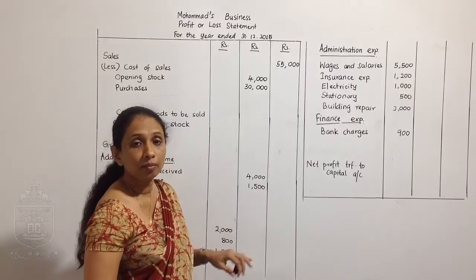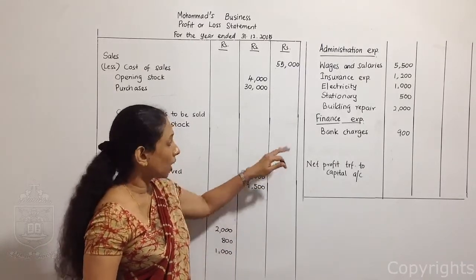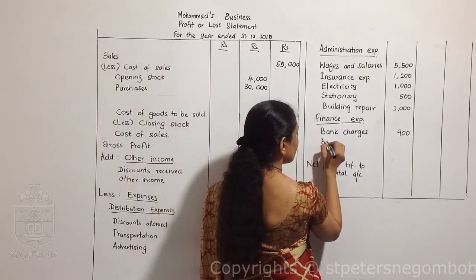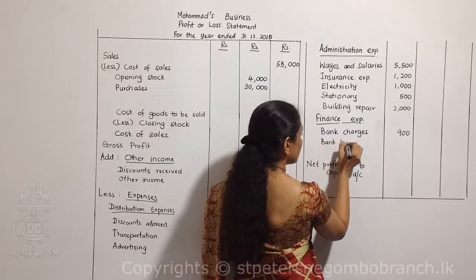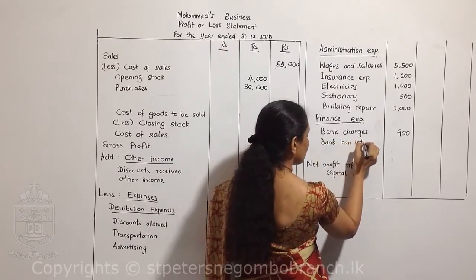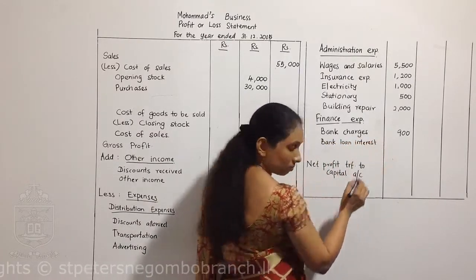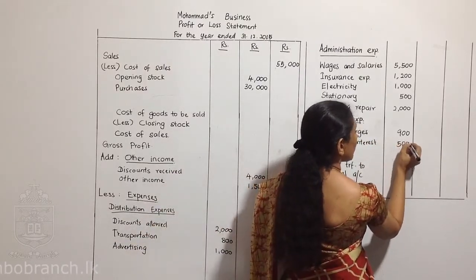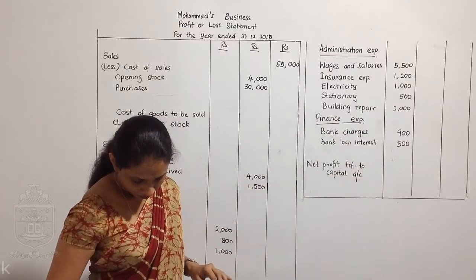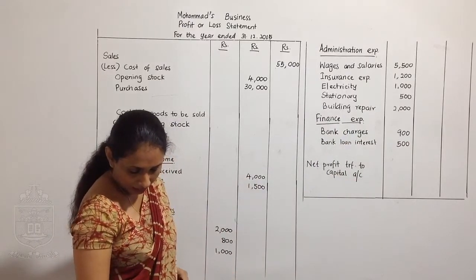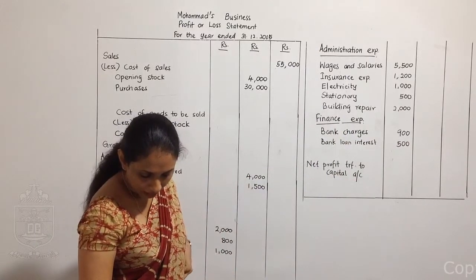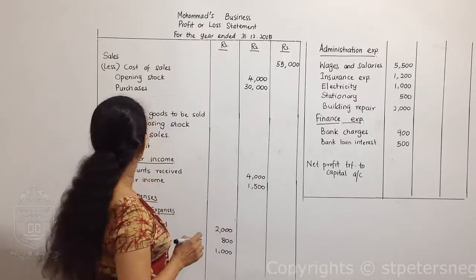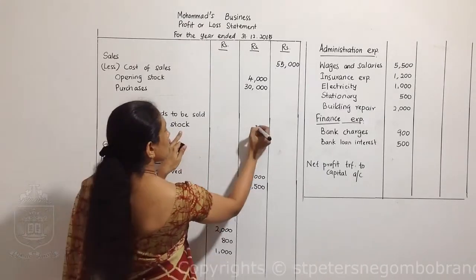Then finally we have the bank loan interest that will go under finance expenses. That is 500. And soon after the trial balance, it says our stocks has been sold now. So we don't have closing stocks here.